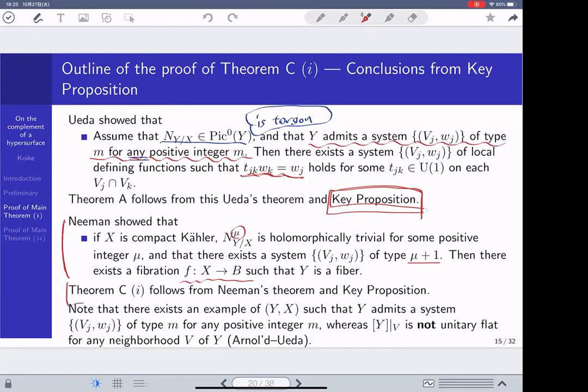Actually, Theorem C, assertion 1, directly follows from this Neeman theorem and the key proposition.